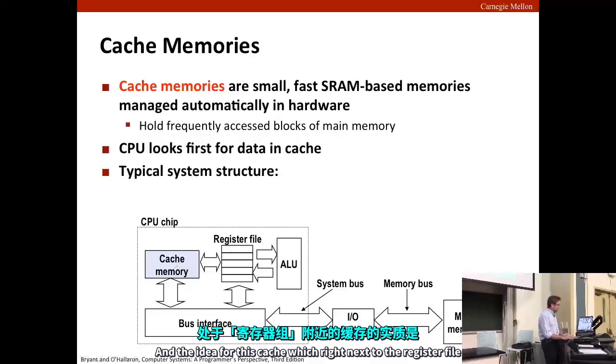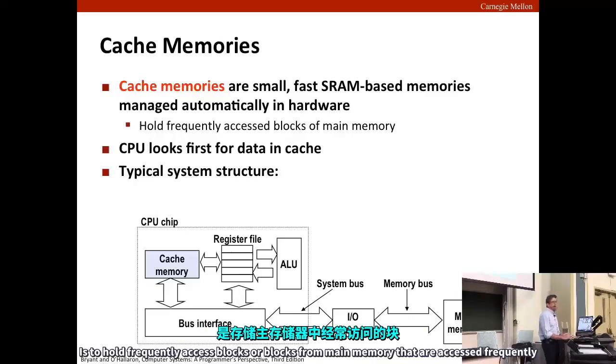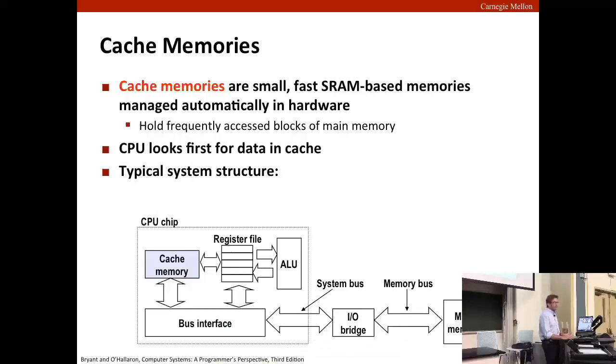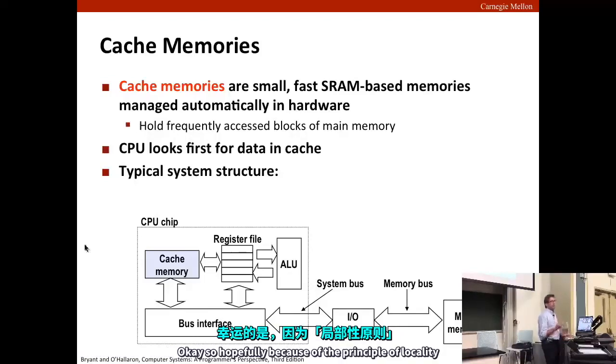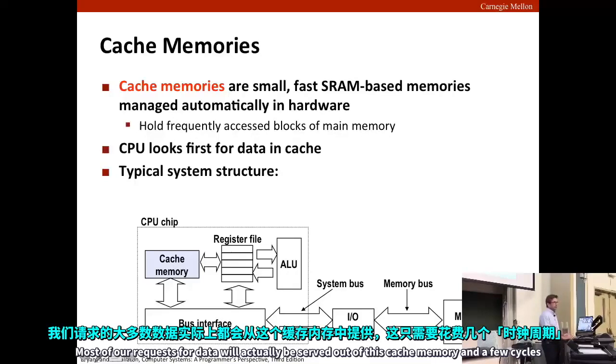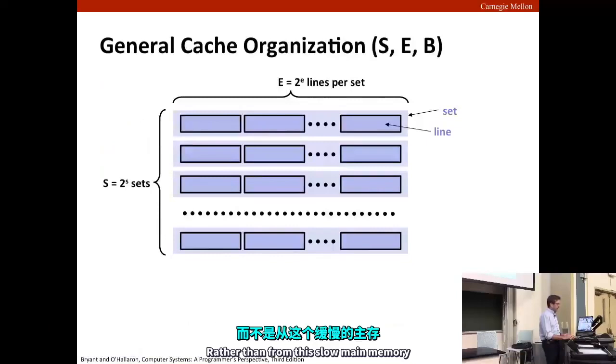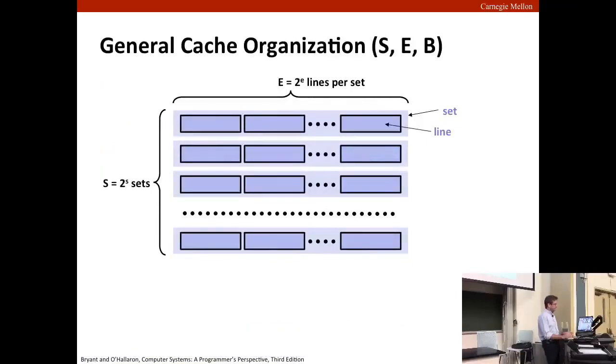And the idea for this cache, which is right next to the register file, is to hold frequently accessed blocks, or blocks from main memory that are accessed frequently. Okay, so hopefully, because of the principle of locality, most of our requests for data will actually be served out of this cache memory in a few cycles, rather than from this slow main memory.